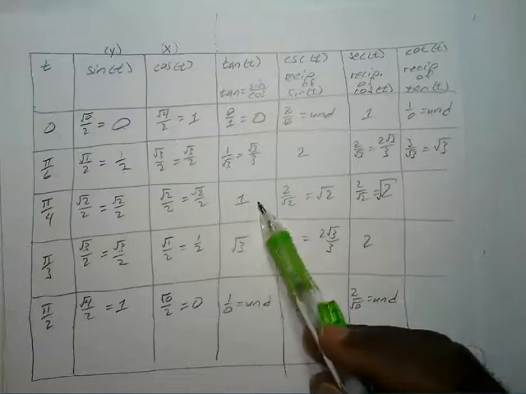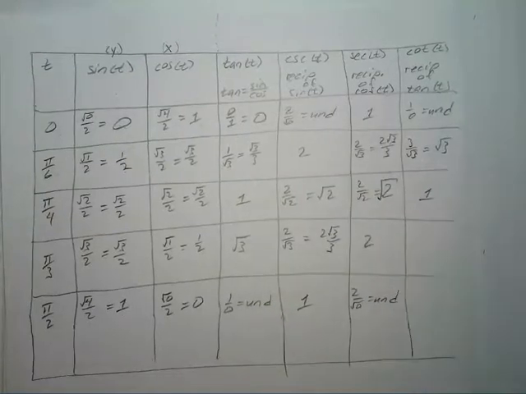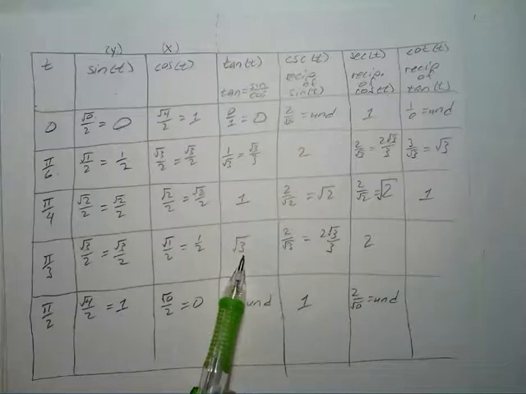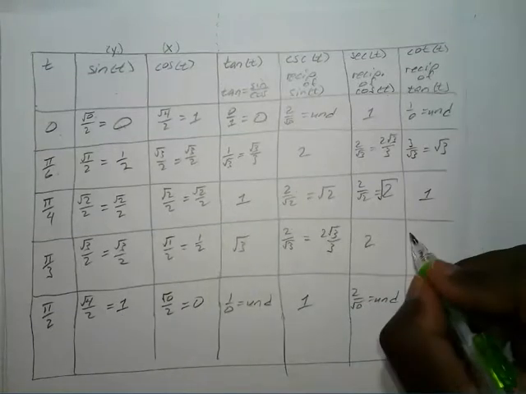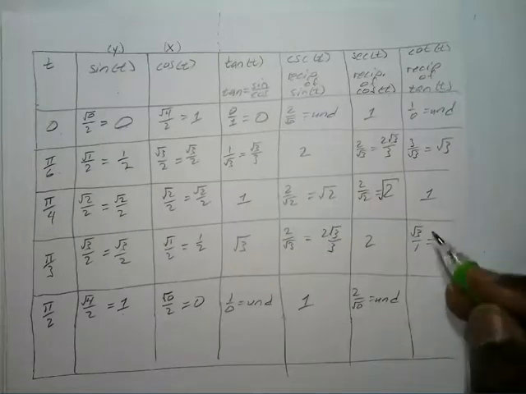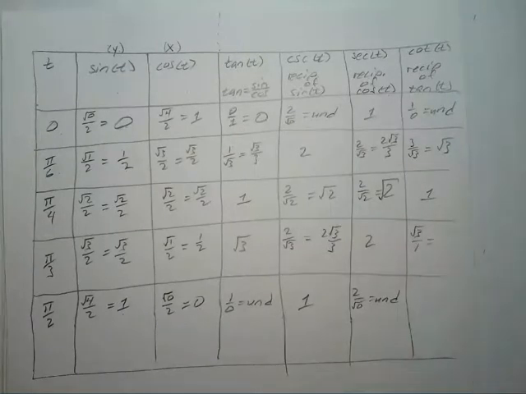Okay, the reciprocal of 1, of course, is just 1. The reciprocal of square root of 3 is 1 over square root of 3.